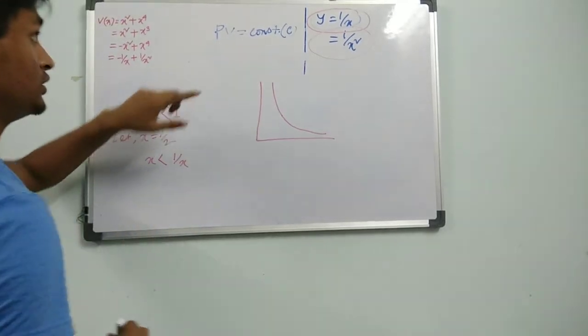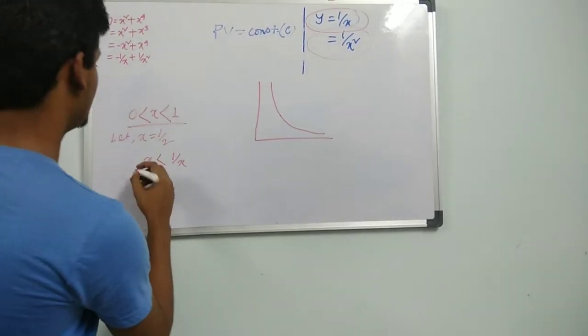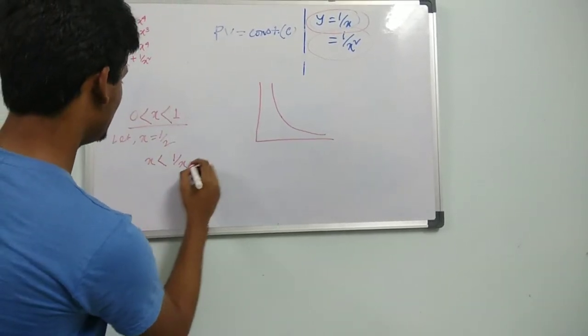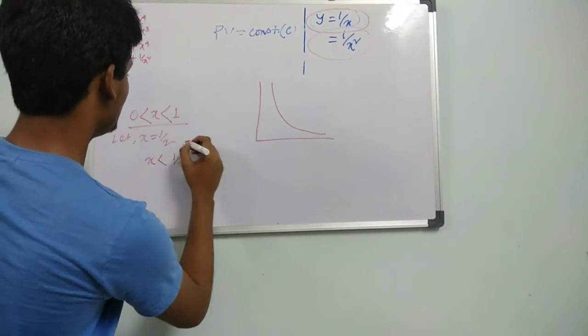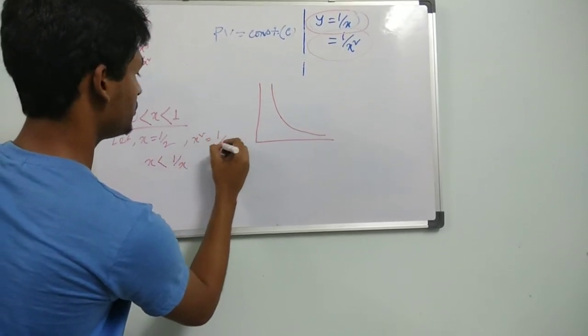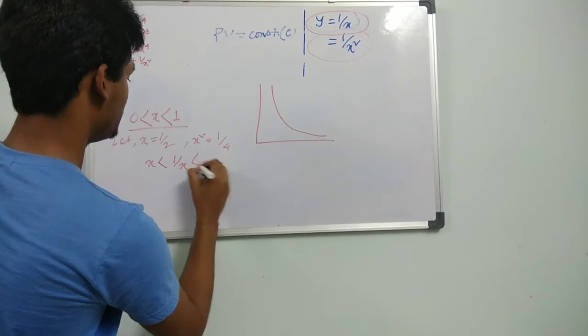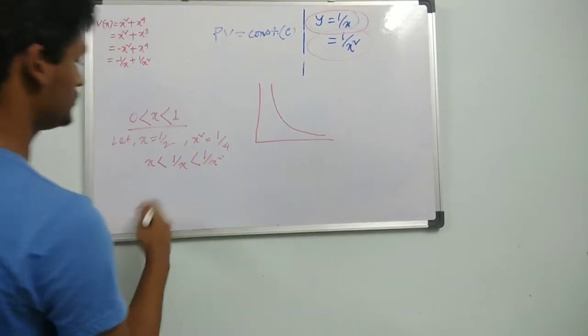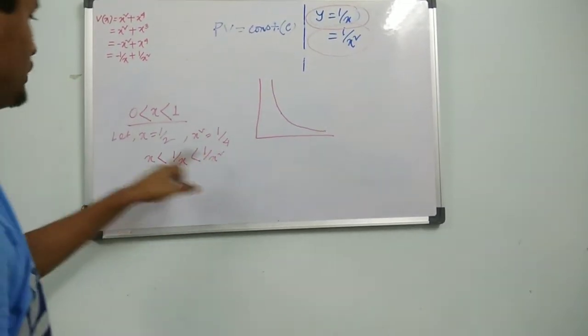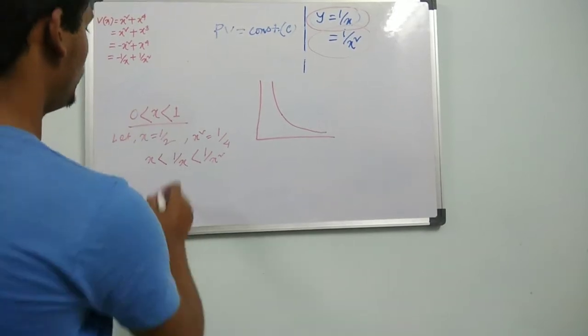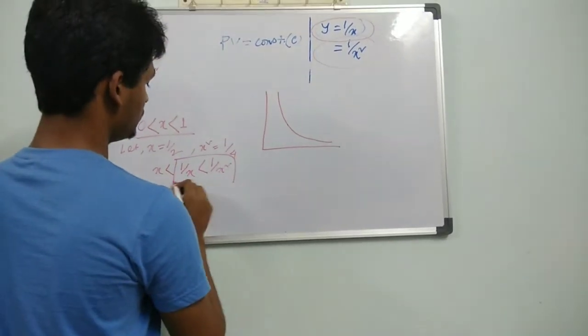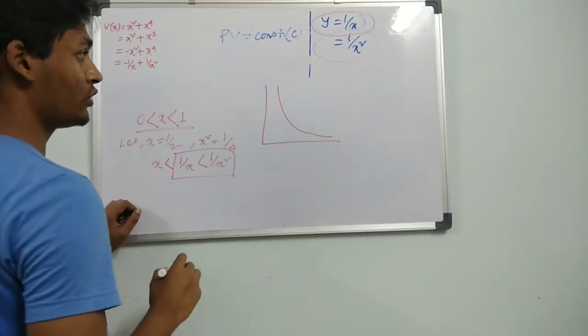Okay, in this region I'm taking this. And similarly 1 by x square, x square will be 1 by 4. That means 1 by x square will be greater than this. So in 0 to 1, 1 by x will be less than 1 by x square.